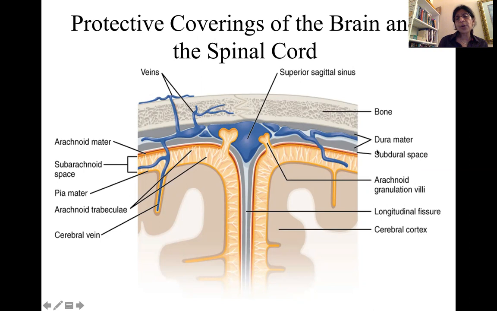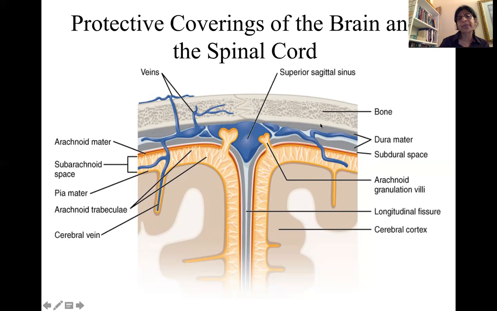So if you were to go in order: dura mater, then the subdural space, then arachnoid, then subarachnoid space, and then the pia mater. We have one more space to add here, that is between the bony case and the dura mater. So it's outside of the dura mater. This space here, light gray color, is what you call epidural space.